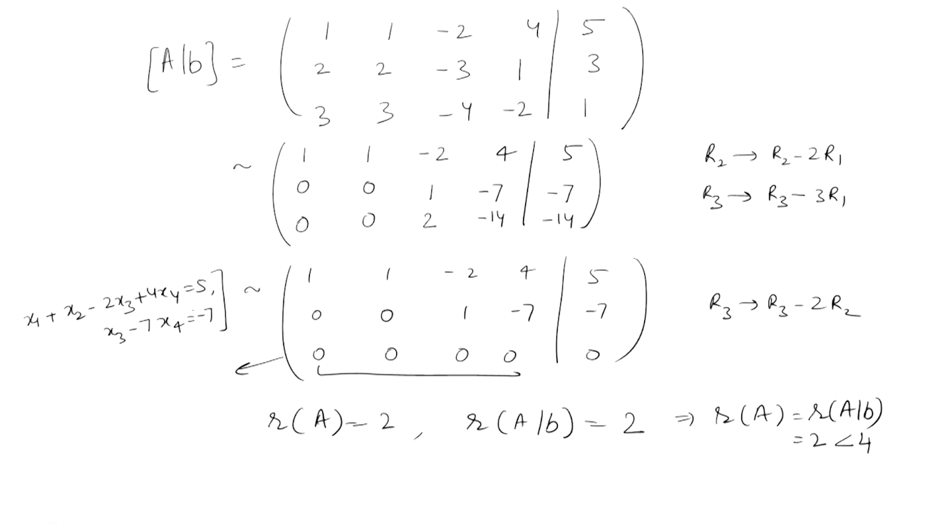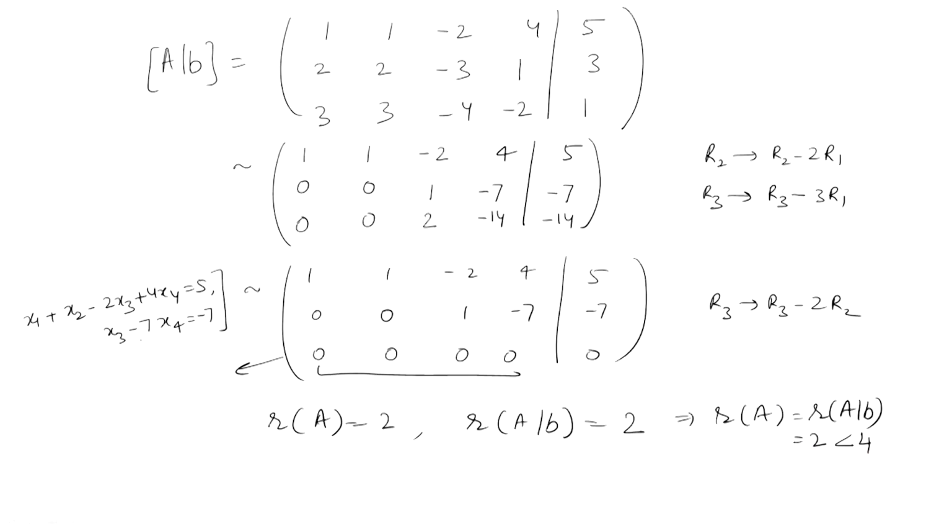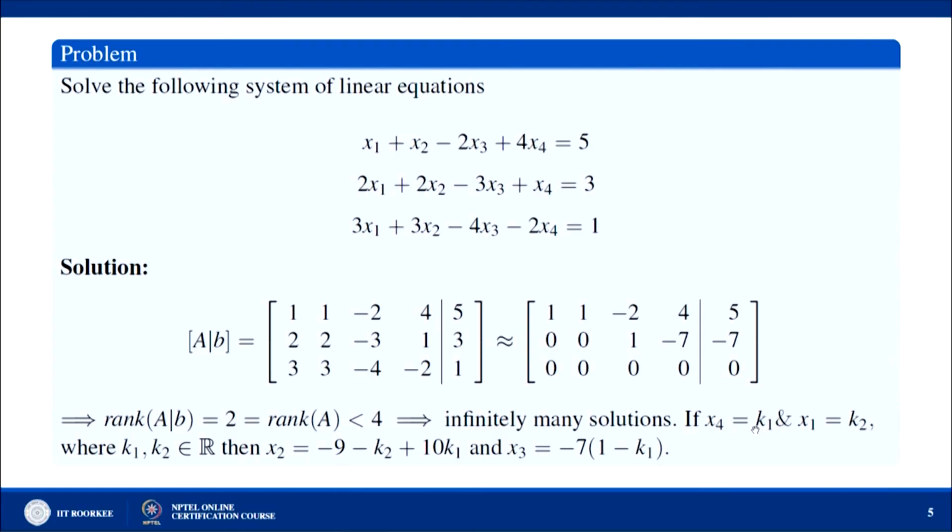So, these are 2 linearly independent equations and we have 4 unknowns. So, you can take 2 variables as arbitrary values and find the remaining 2 in terms of them. That is what we have discussed in the solution. You can take x4 as k1, x1 as k2, then you can find x2 as this and x3 as this, where k1 and k2 are any real numbers.